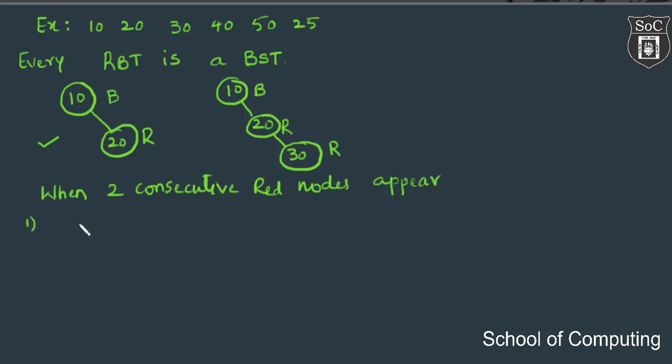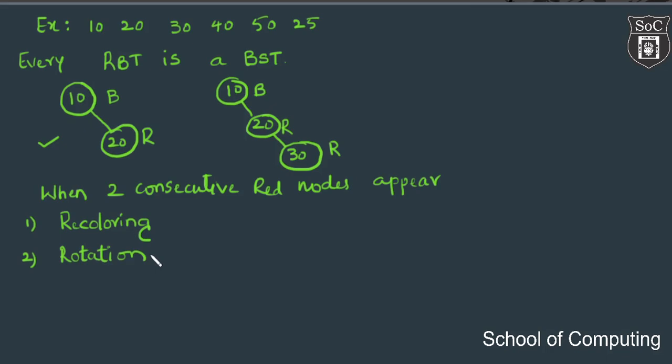We have to do either recoloring or rotation. So when 2 consecutive red nodes appear, we have to do either recoloring or rotations.